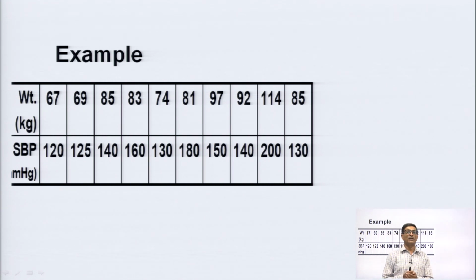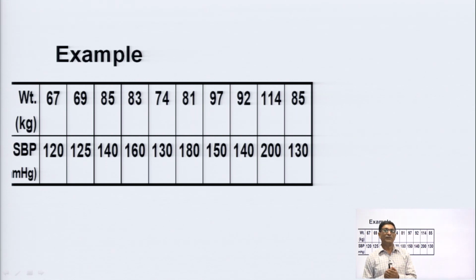For the first person the weight is 67 kilogram and the systolic blood pressure is 120 millimeter of mercury, and the weight of the second person is 69 kilogram and the systolic blood pressure is 125 millimeter of mercury. For the third person the weight is 85 and the systolic blood pressure is 140, and so on, and we want to draw a scatter diagram of this data.